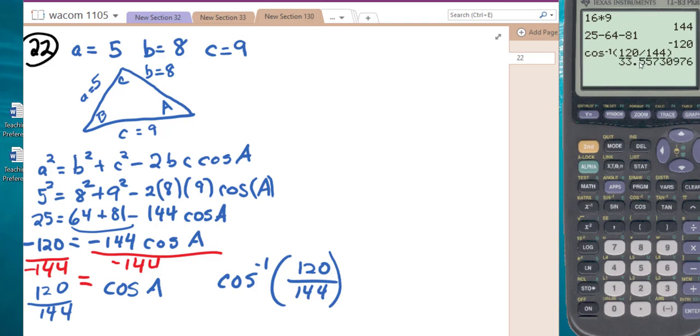We can go ahead and round off here because that's giving us an angle. So it is going to be 33, and I believe the directions were to one decimal place, 33.6 would be the answer for A.